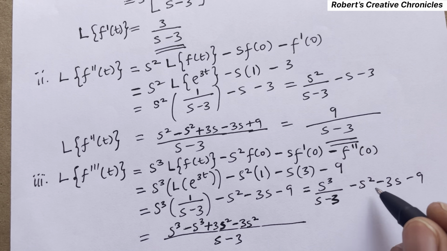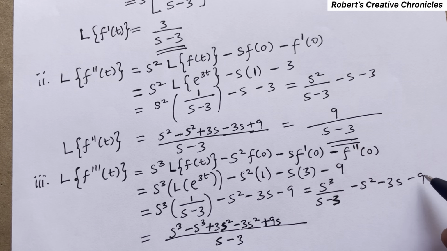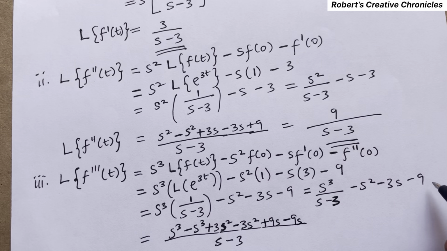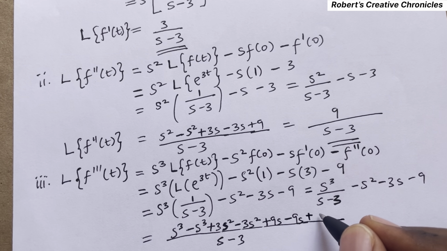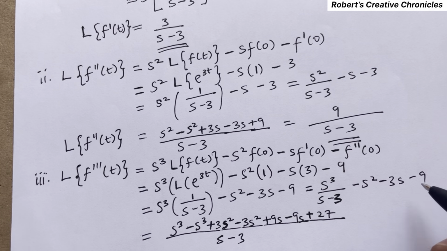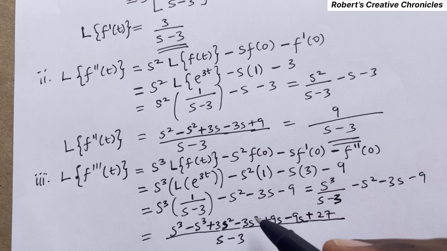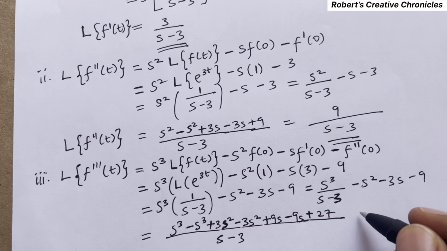Then it will be plus 9s. Then here is what? Minus 9s. Then plus what? Plus 27. Because minus 9 times minus 3 is 27. So you can see that this will go, this will go, this will also go. So it will remain 27 over s minus 3.